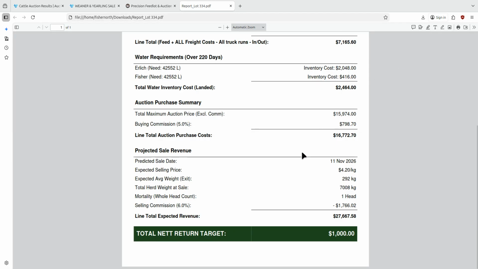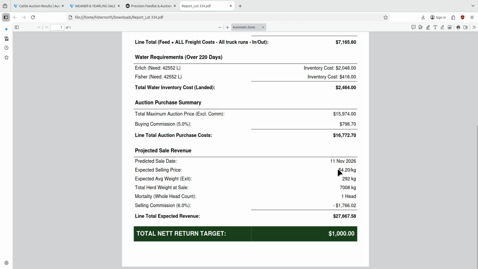And then I've got predicted sale date as well, so I know that's when the truck I have to get organised is going to be booked for the 11th of November, and I have to have my paddocks rotated around and my gates and crushers set up so that when that date arrives, I have all my stuff together and the truck is booked and coming.